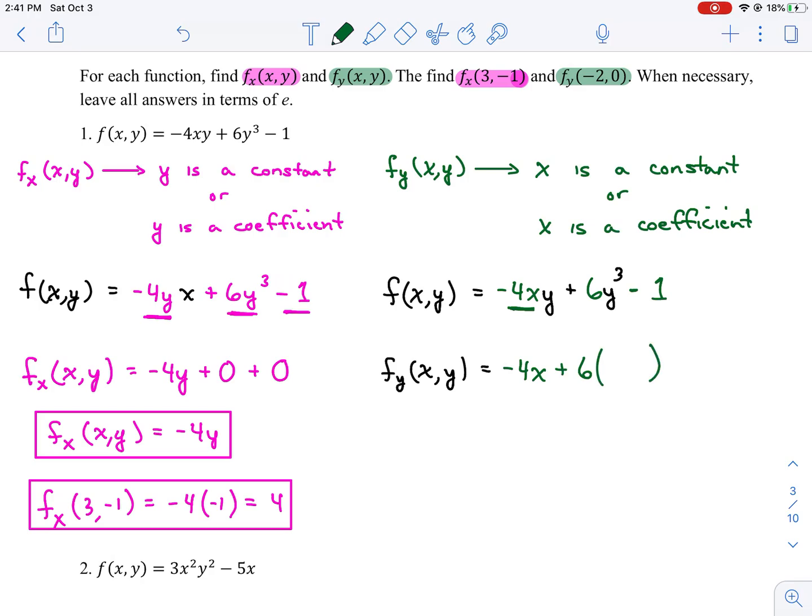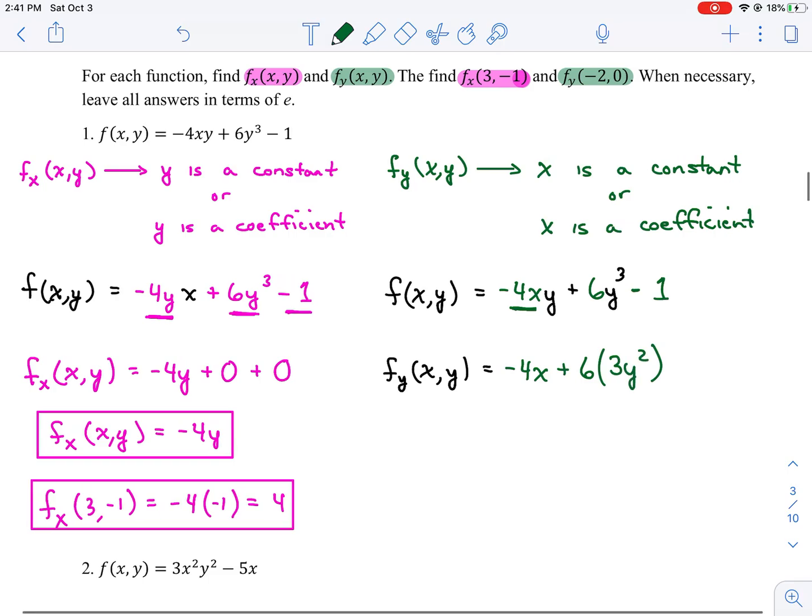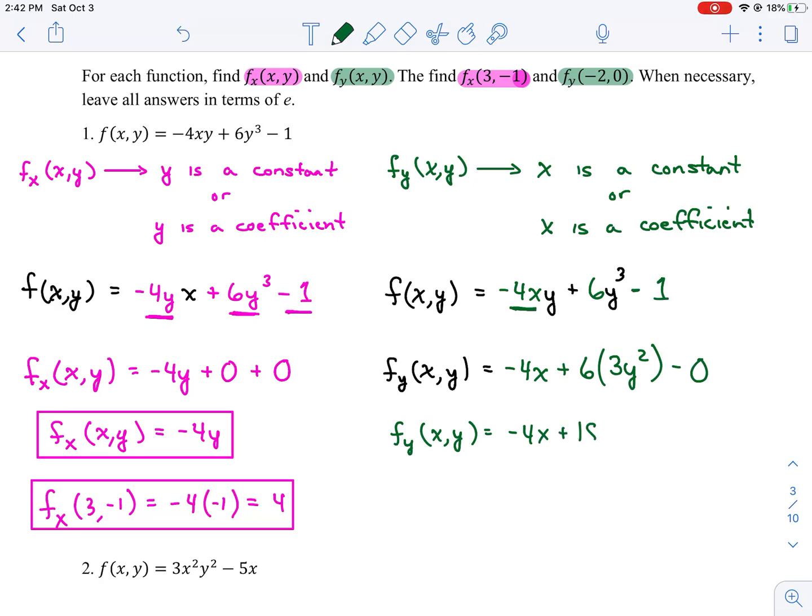And the derivative of y cubed with respect to y is 3y squared. And the derivative of 1 is again 0. So the partial derivative with respect to y is negative 4x plus 18y squared.